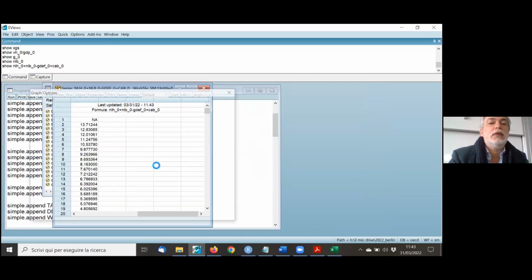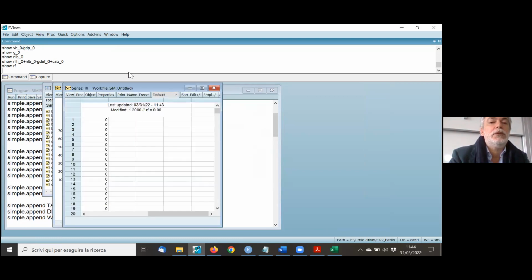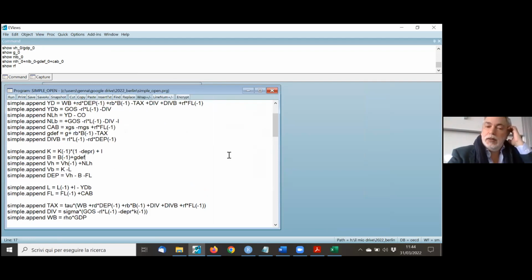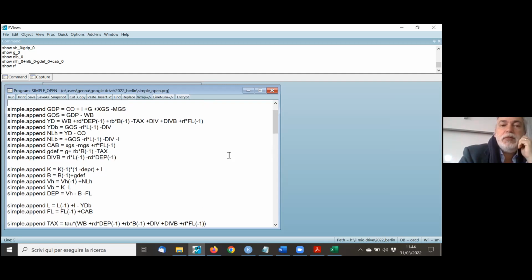This is still, no, now this is exploding. But why? F is not there, and it's 0. No, you need more time to work this out properly.